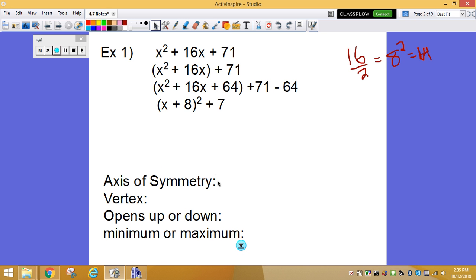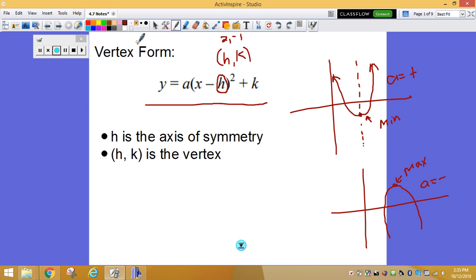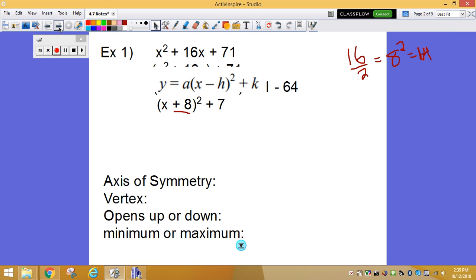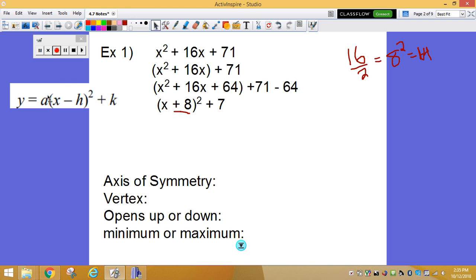The axis of symmetry is your h, which is right here. But this can get a little tricky, so I want to show you. Let me get this copied and pasted. Because if you look at the formula or the equation for vertex form, your h is a negative, or a minus.